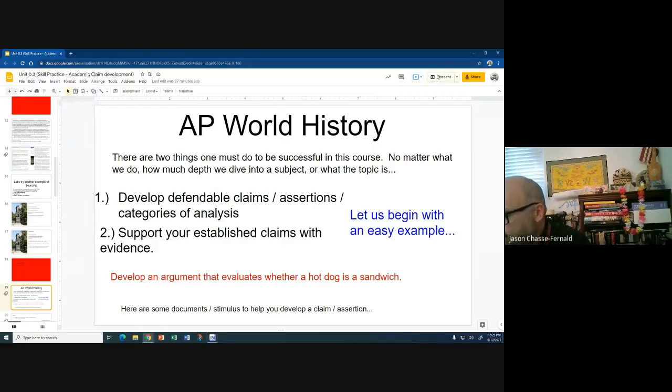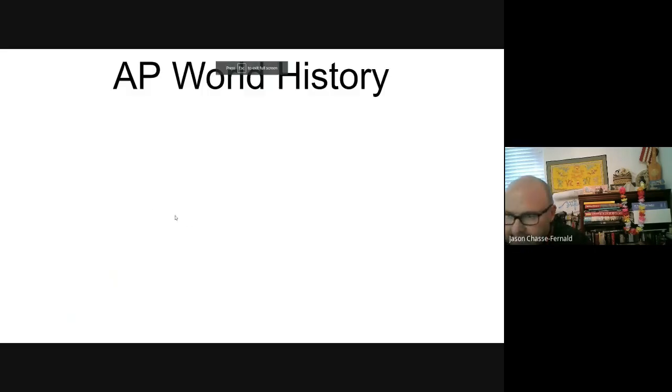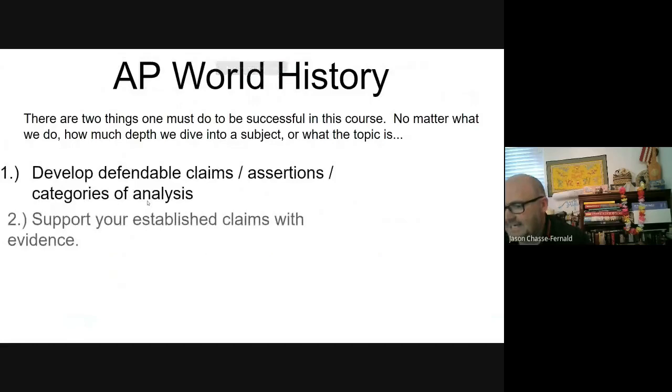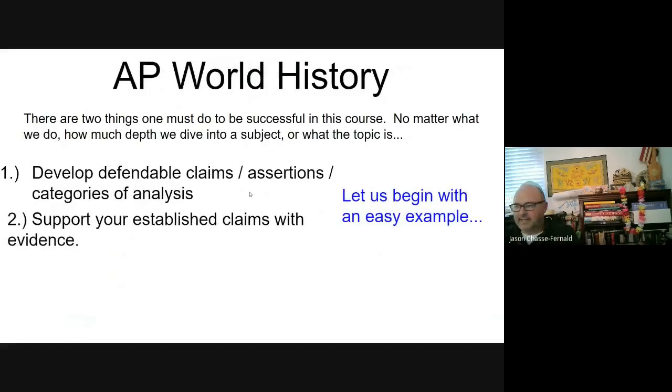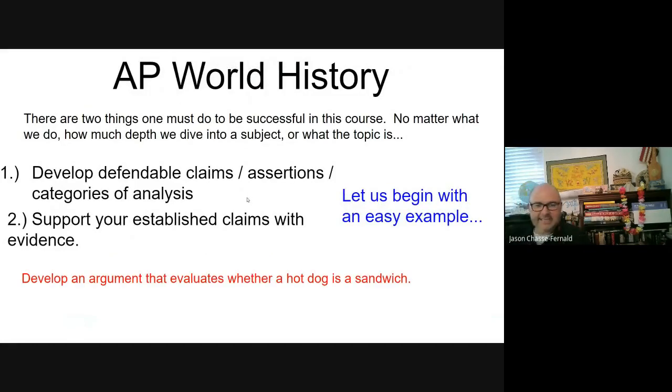That being said, let's dive into this, and let's start with a really easy example. Here's your first prompt. Develop an argument that evaluates whether a hot dog is a sandwich. Stop, think about it.